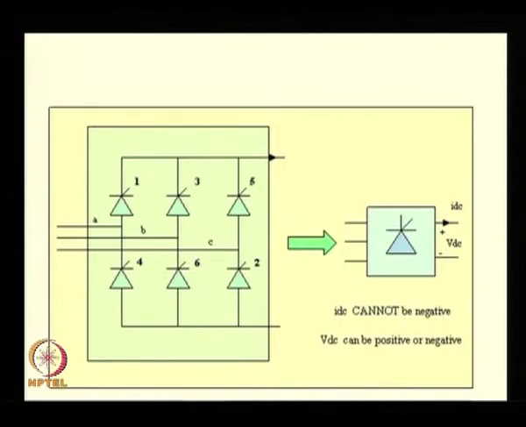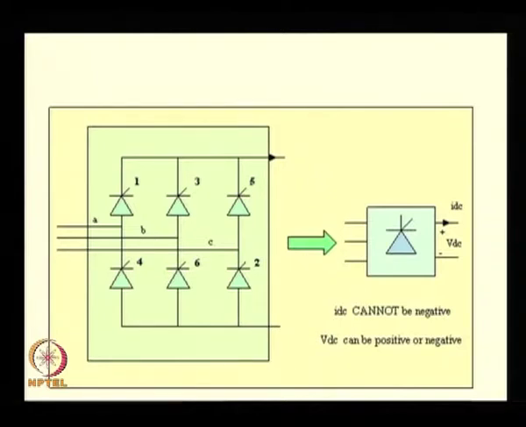Now, of course, I have been talking of controlled rectifiers and so on. What exactly is a controlled rectifier? It is in fact an arrangement of thyristors. Typically, the rectifiers used in most excitation systems use thyristors. A 3-phase thyristor bridge is made out of 6 thyristors.